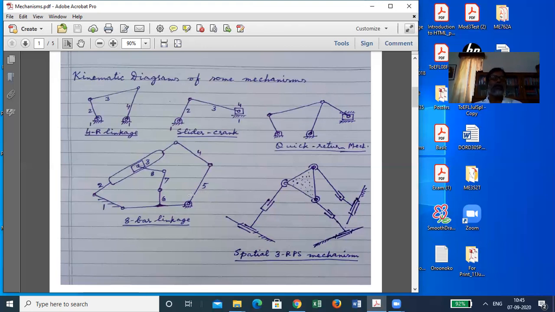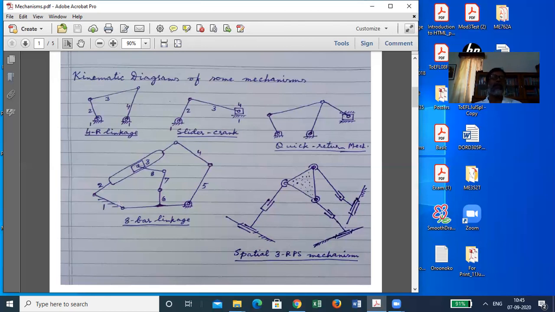Now, this can be called an 8-bar linkage, or more uncontroversially, if you don't want to use the term bar, which is a little old-fashioned, then you can say 8-link mechanism or 8-link linkage.